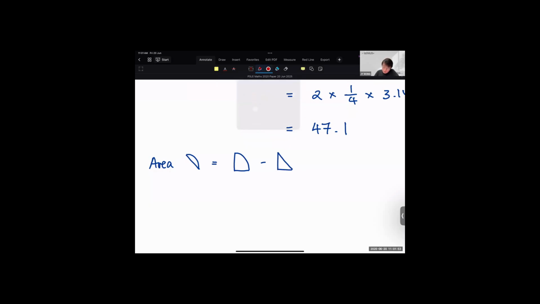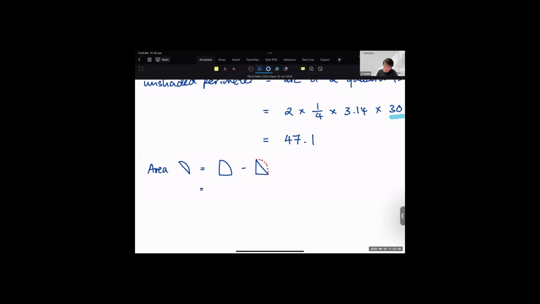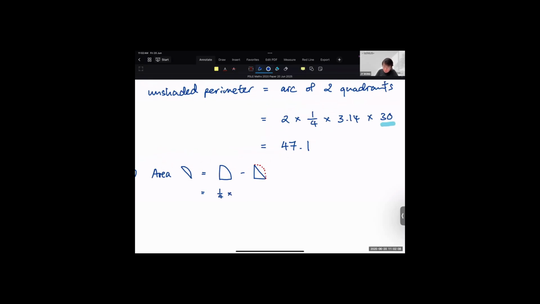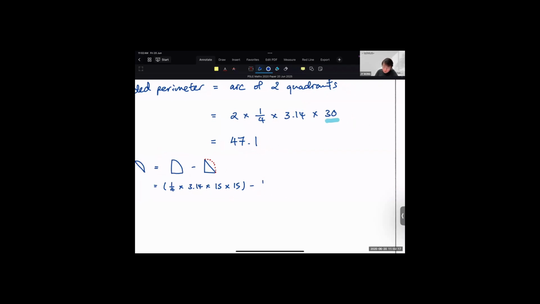Agree? So what is the quarter circle? 1/4 times pi times radius squared, minus the triangle, which is half times base times height, right?